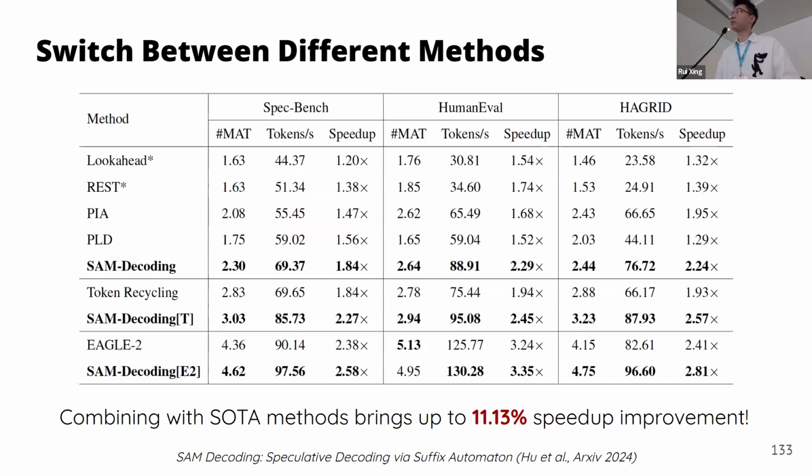And if two very strong methods are combined, the efficiency could be further increased. We can see that by combining SAM decoding, the context-based retrieval, the EAGLE-2 speedup is further increased in our evaluation benchmark from 2.38 to 2.58. Combining these methods brings up to 10% speedup improvement.